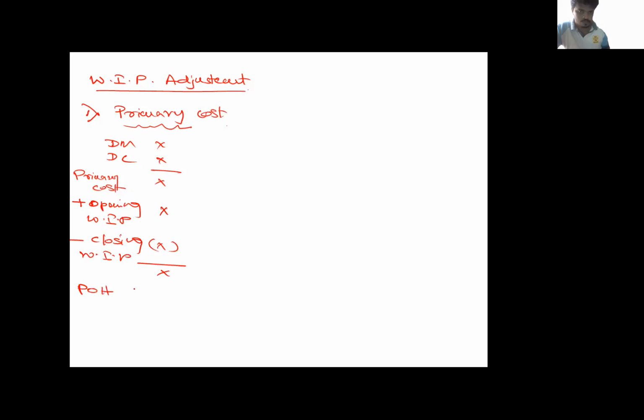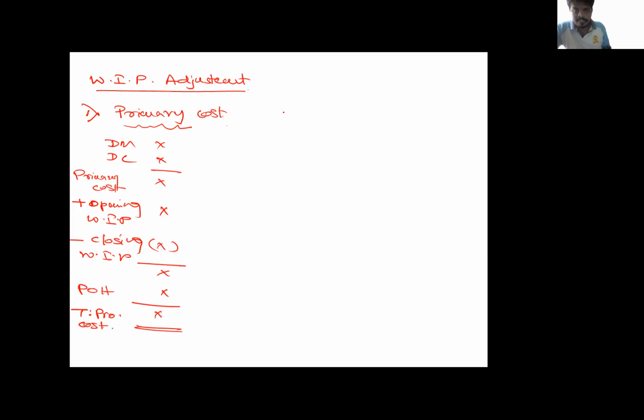Production overhead cost can be added, then we get what is known as total production cost.